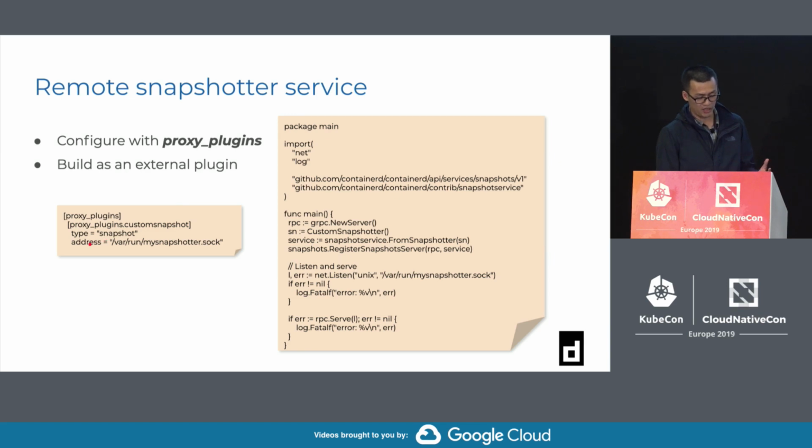And the address is used to tell Kubernetes how to connect to your external plugin. In the second step, you need to export your own snapshot implementation as a Golang gRPC service. Fortunately, Kubernetes provides a Golang package to wrap your implementation as the gRPC service. So it is easy to set up your own external snapshot plugins.